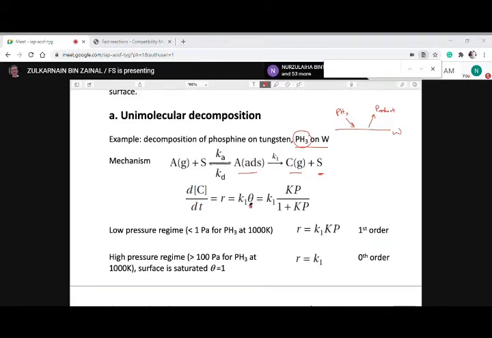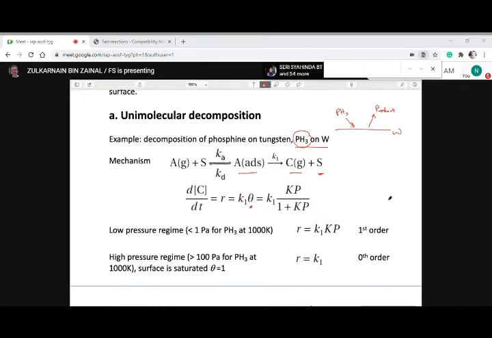What is theta? Theta is the surface coverage, and the surface coverage, according to the Langmuir equation, can be related to Kp over 1 plus Kp, where K is the rate constant for the adsorption.